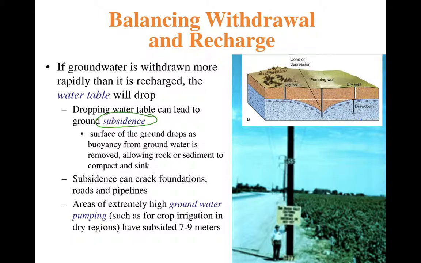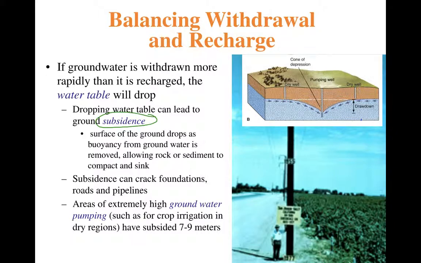This is how sometimes sinkholes are formed. Not all sinkholes, but a lot of times when you have subsidence of the water table, there's no longer that water creating pressure and pushing up on the ground. If that water's not there, there's no pressure pushing up, so it's going to fall down and create a sinkhole. Subsidence can crack foundations, roads, and pipelines.